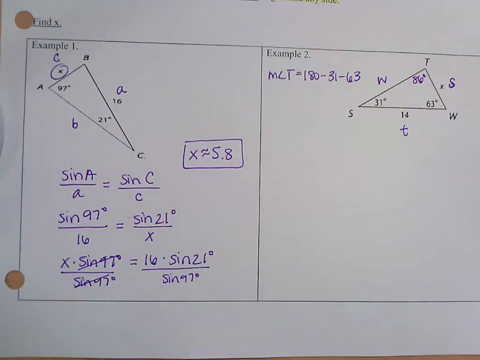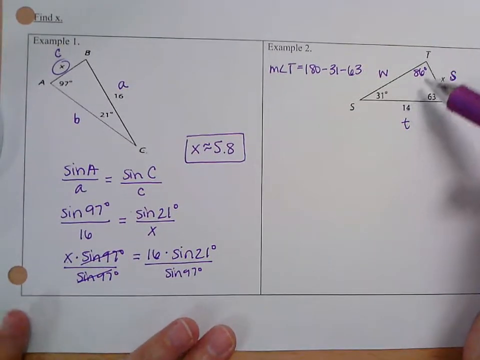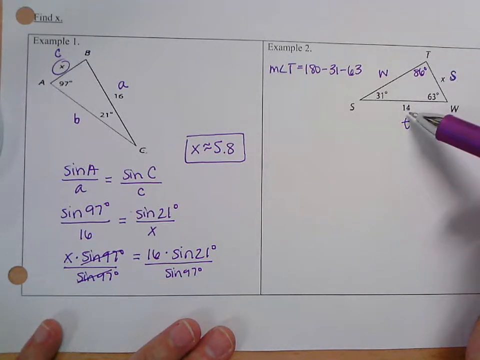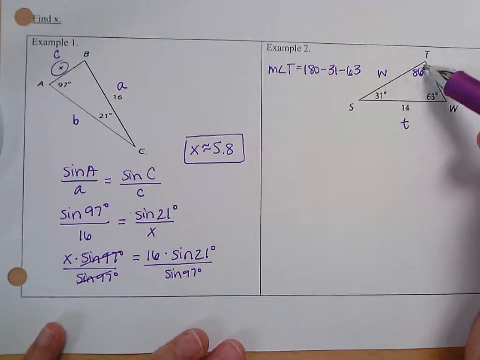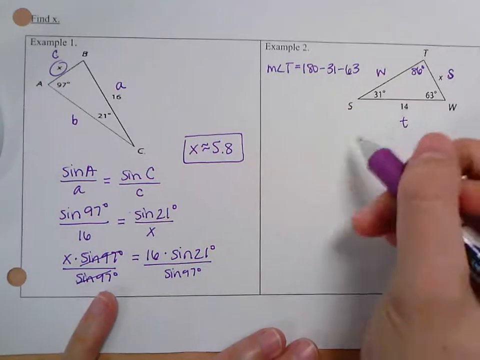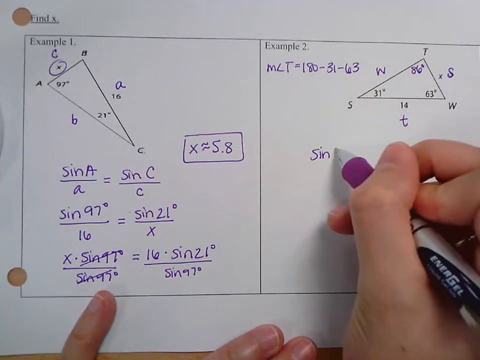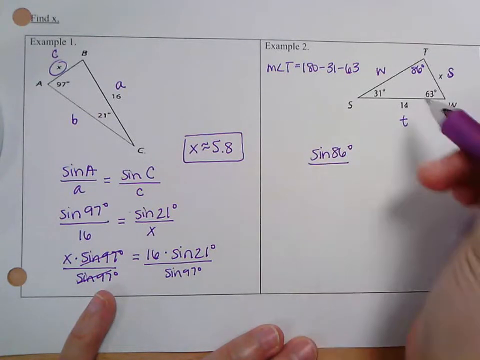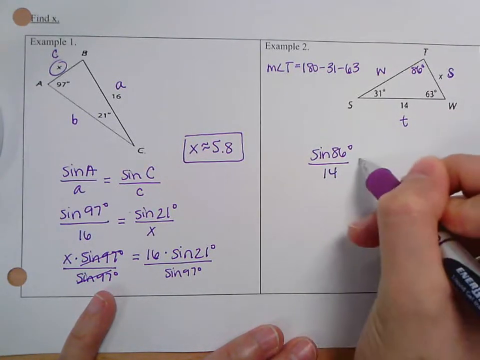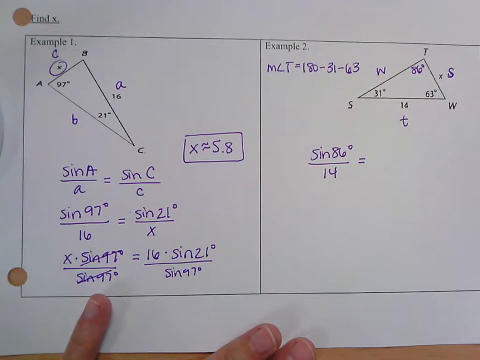Okay, so it wasn't given to us, but we could find that. Now we have a full ratio because we have angle T with side T. So that's my full ratio. I'm going to write that down. I have sine of 86 degrees over side T, which is 14.